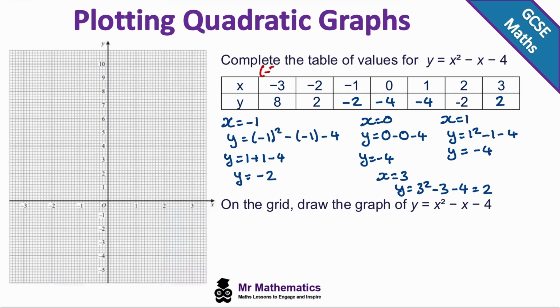So we'll have negative 3, positive 8, and that will go here. Negative 2 and positive 2, that will go here. Negative 1, negative 2. 0 and negative 4. 1 and negative 4.